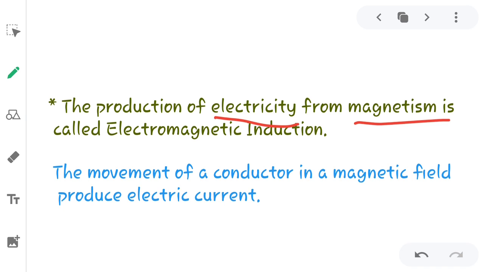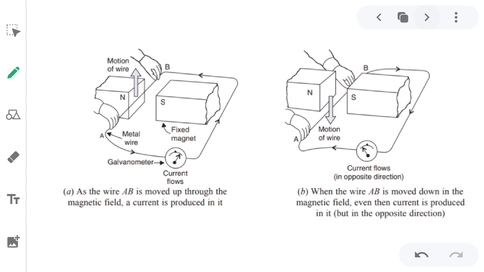And how do we detect that? Through a galvanometer. A galvanometer is an instrument that shows us the production of electric current, through which we can detect the current. Here you can see two pictures, A and B. In picture A we are moving the conductor in an upward direction, and in picture B in a downward direction.